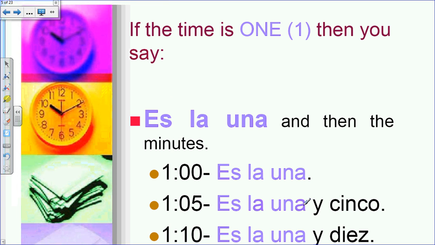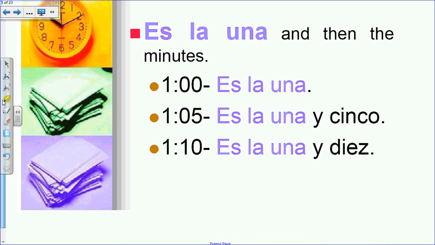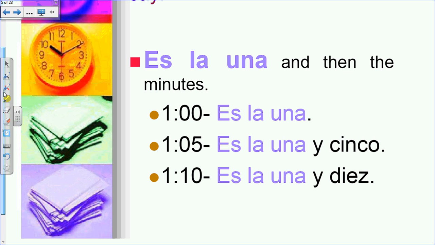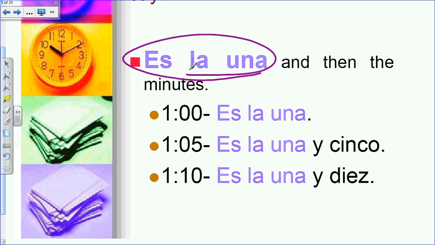Now, what happens if we just have 1 o'clock? Whenever we're talking about 1 o'clock something, we're going to use this expression, es la una. So everybody repeat after me. Repitan, por favor. Es la una. So 1 o'clock itself is es la una. 1:05 is es la una y cinco. 1:10 would be es la una y diez.